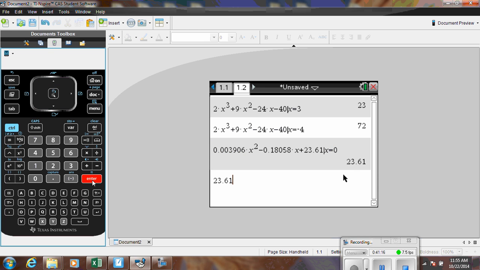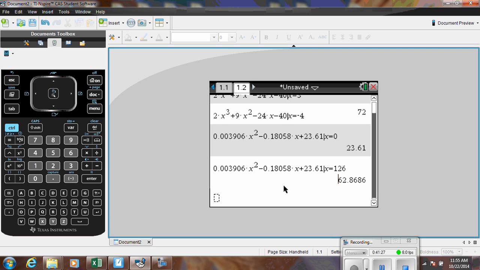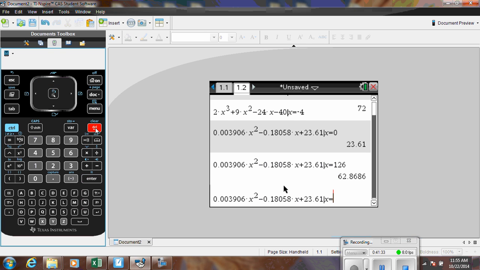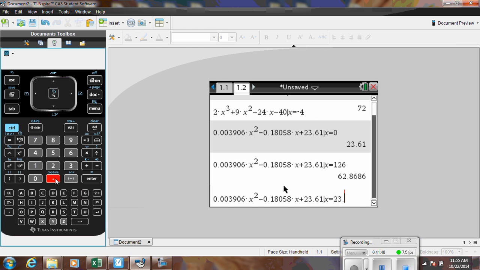Given the other endpoint of 126, we get an acceleration of 62.86. And our last one, given that we had our critical value, which was 23.1157, we get that.